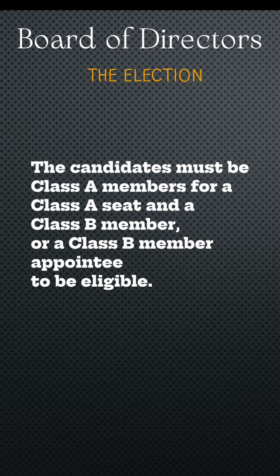Now, the bylaws were also changed to allow for a Class B candidate who is not a Class B member to be eligible for election or nomination in the event a Class B member files an affidavit authorizing that candidate.